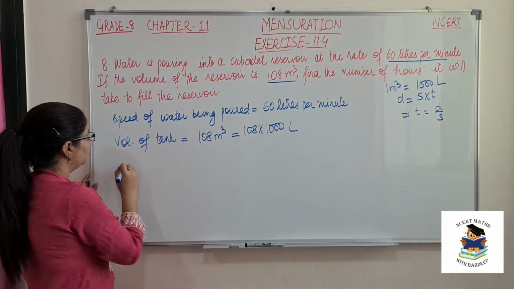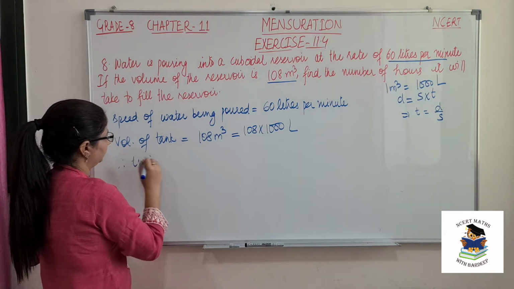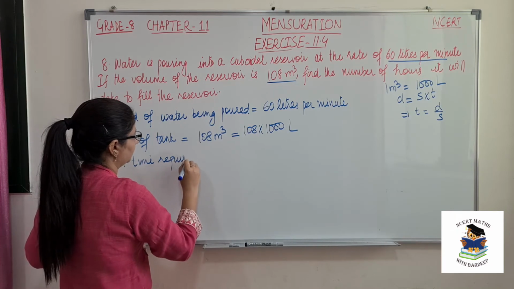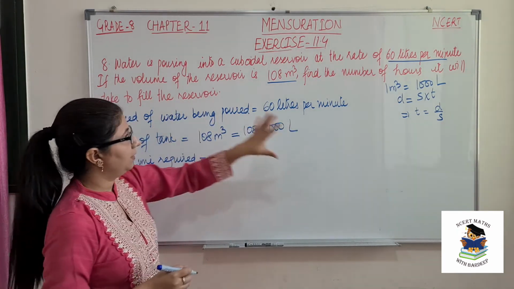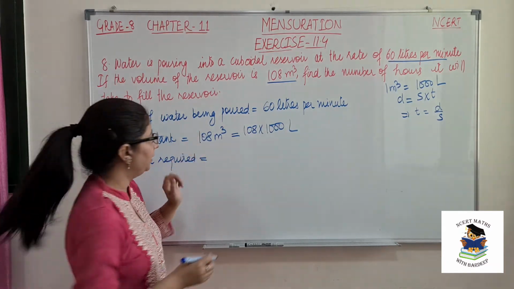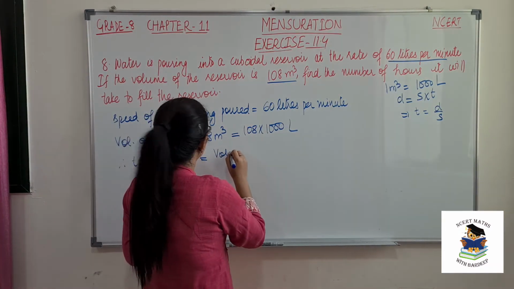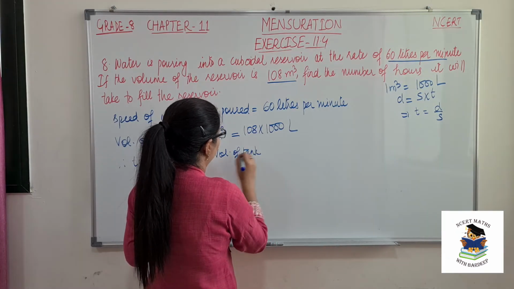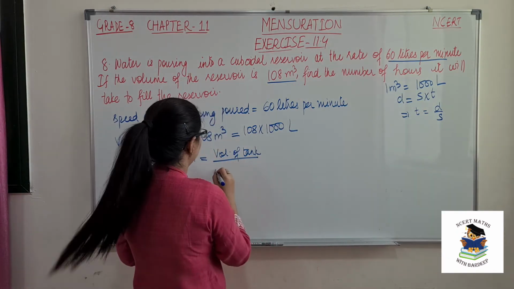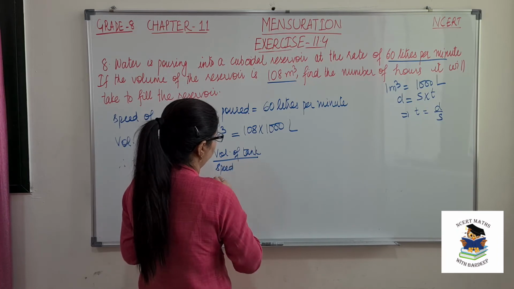Okay. So therefore time required. So in case of distance we have volume, in case of speed we have speed. So what time required is volume of tank divided by speed of water.